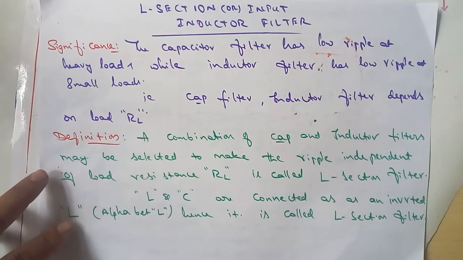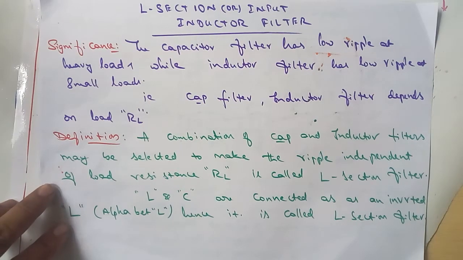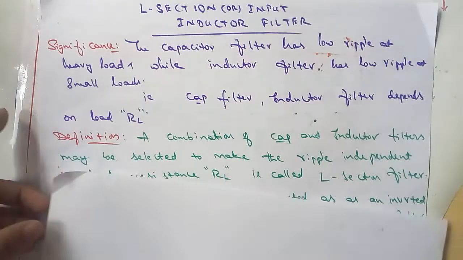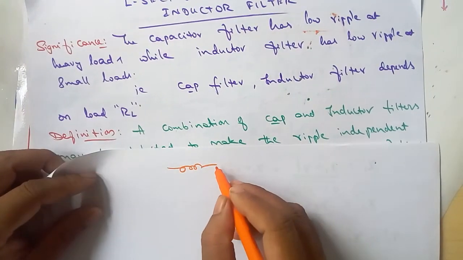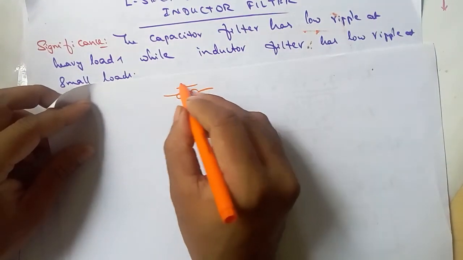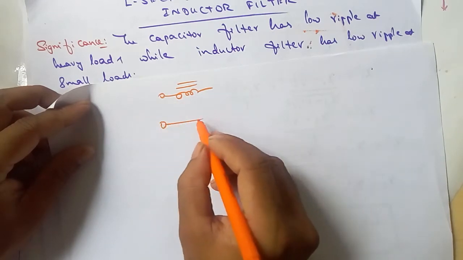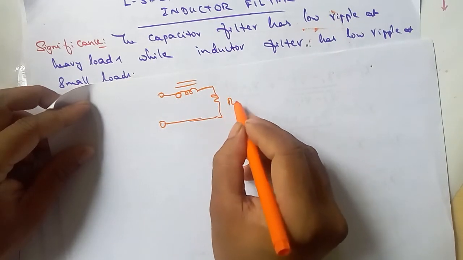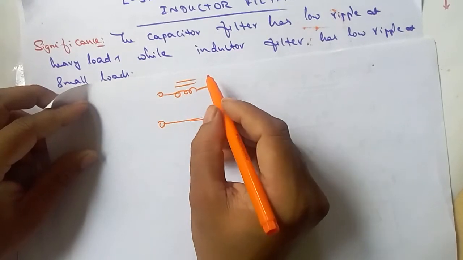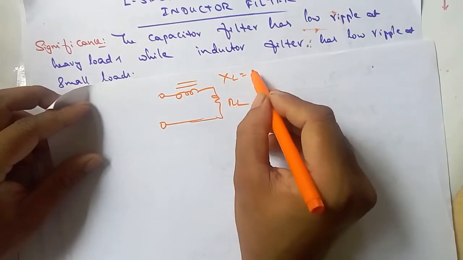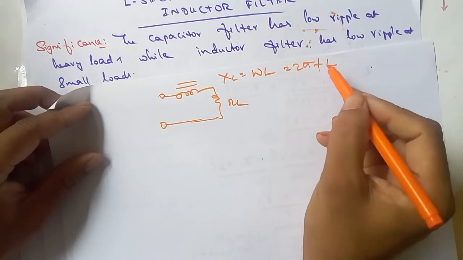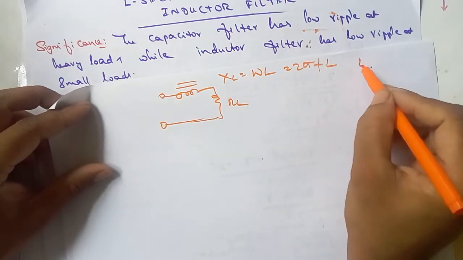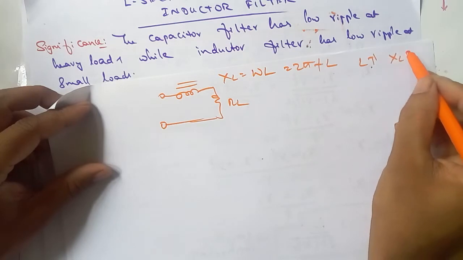Next, coming to the inductor filter. This one is the series inductor filter. Series inductor filter means the inductor is in series. This one is the rectifier output and this one is the load resistance. XL is equivalent to omega L, that is equal to 2 pi f L. As the L value is more, the XL value is more.